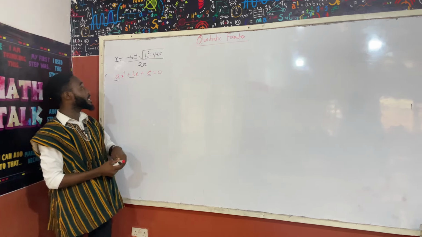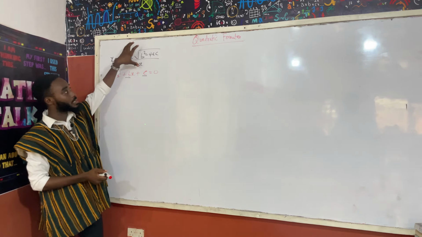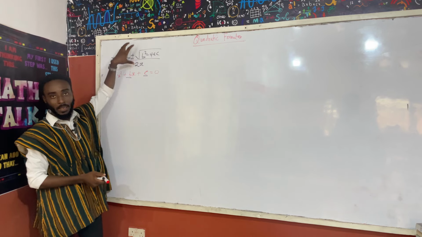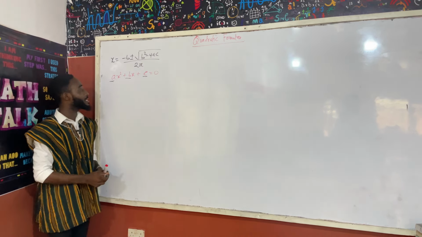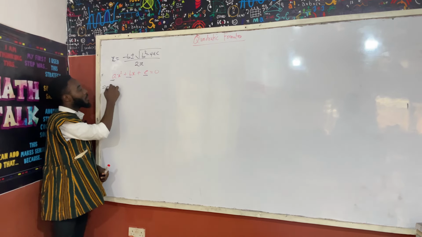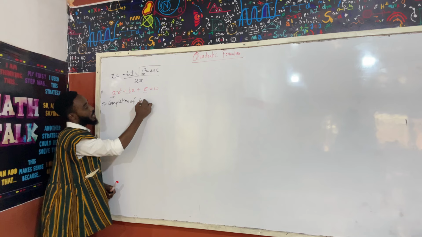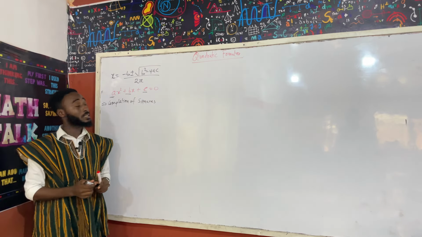And you can see that we are using the coefficients in this quadratic formula. So let's see how this became this. It's from the concept of completion of squares. Therefore, we'll complete the square to arrive at this.